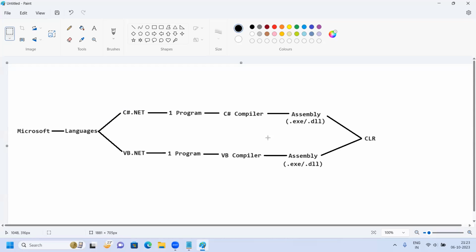Two compilers, the C# compiler separate and the VB compiler separate. But how do you run the code? We have one CLR only. Please understand that: one CLR. Because both C#.NET and VB.NET are part of Microsoft products, categorized as languages, and both belong to .NET, to execute them one CLR is enough. Compilers separate, CLR common, to run the code. That is what I mean to say.